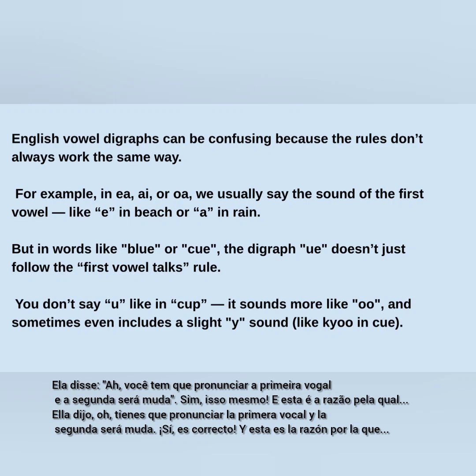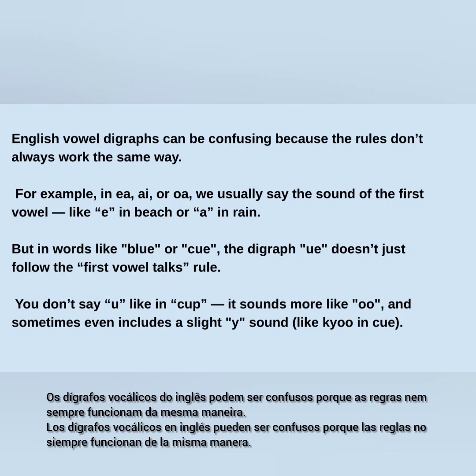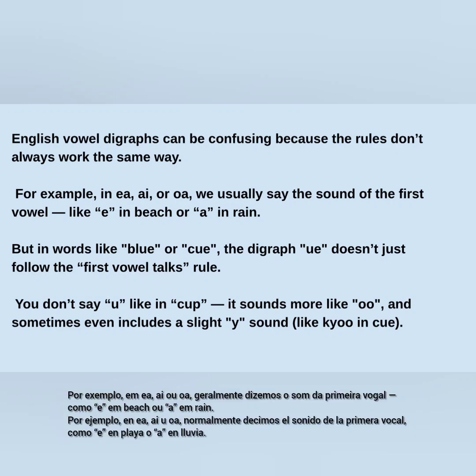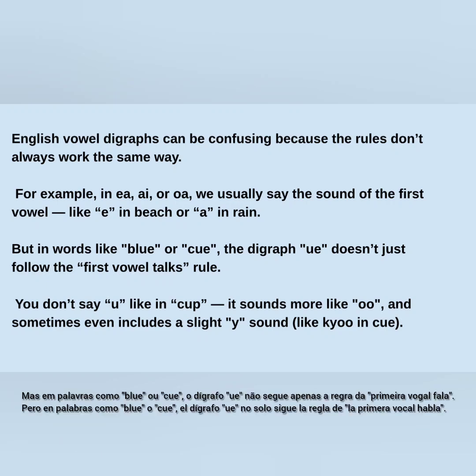And this is the reason why English vowel digraphs can be confusing, because the rules don't always work the same way. For example, in EA, AI, or OA, we usually say the sound of the first vowel, like E in beach or A in rain.